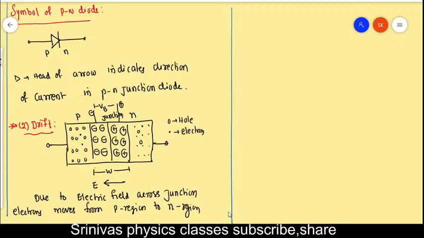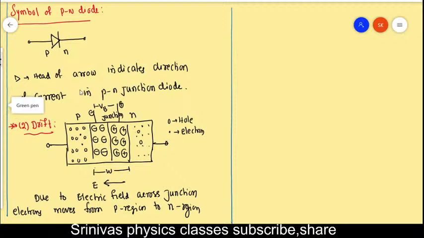Listen very carefully. Due to the electric field across the junction, the minority charge carriers, electrons, move from the p region to the n region.